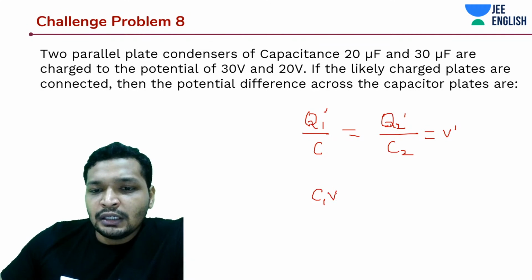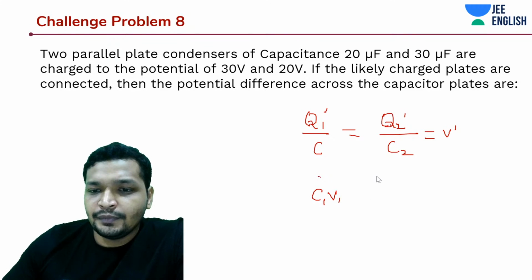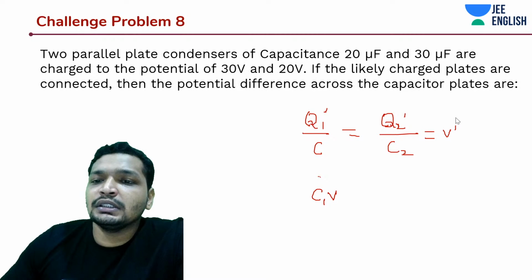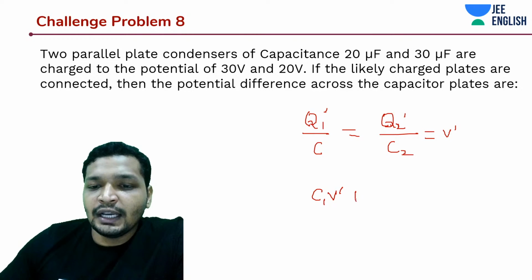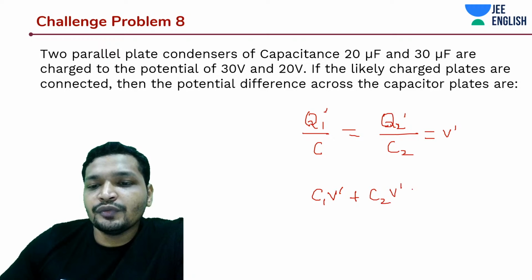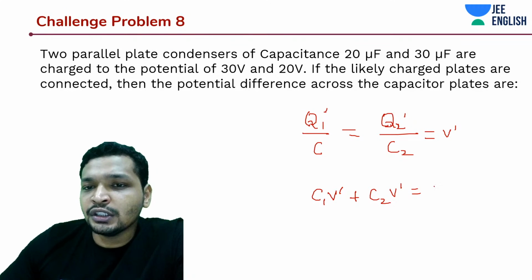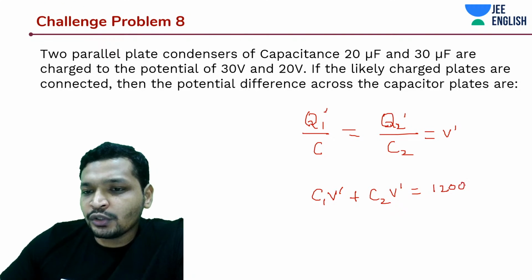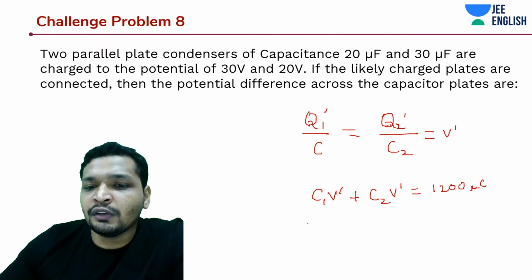So C1 V dash plus C2 V dash is equal to how much? 1200 microcoulombs. And how much V dash is what we have to find out.